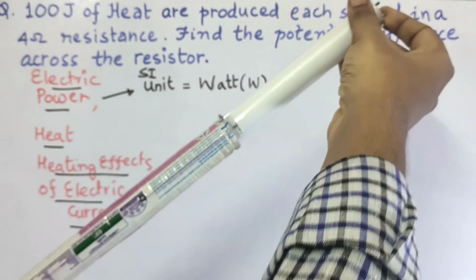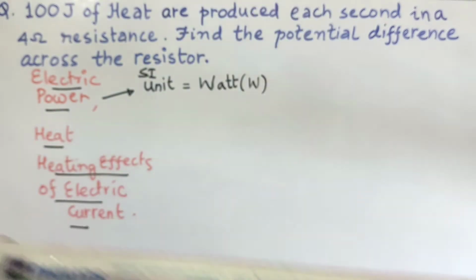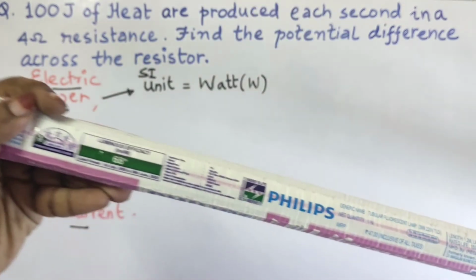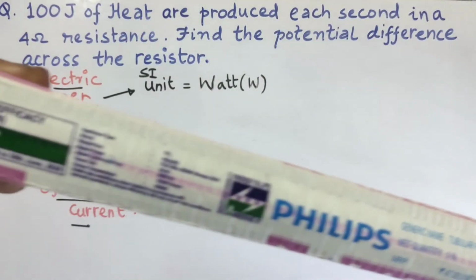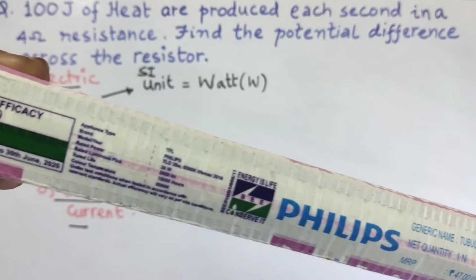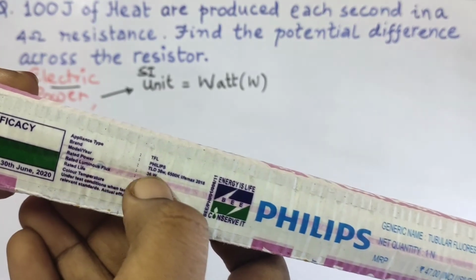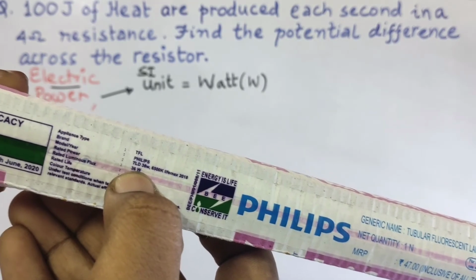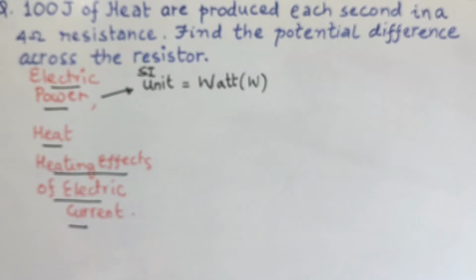Let's focus on the power rating of this tube light. Here it is written, rated power 36 watt.